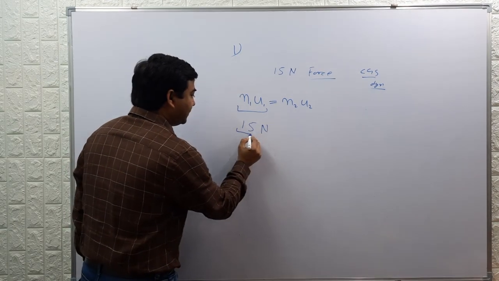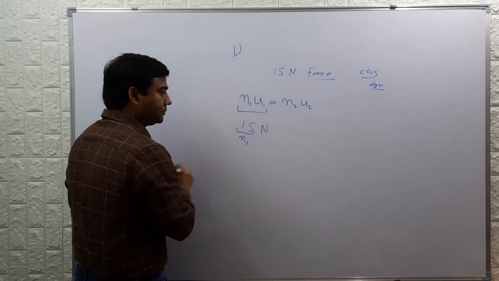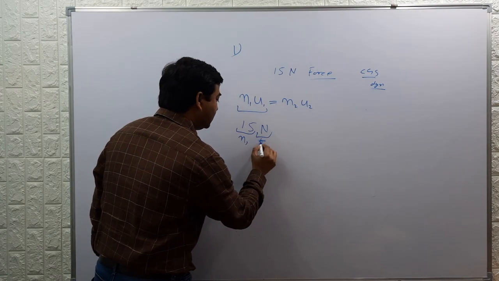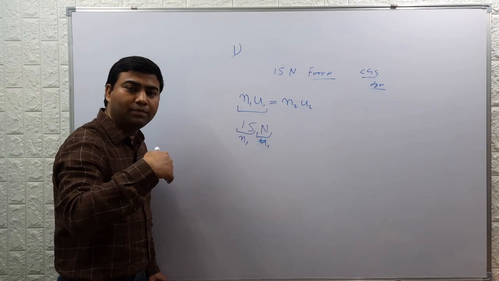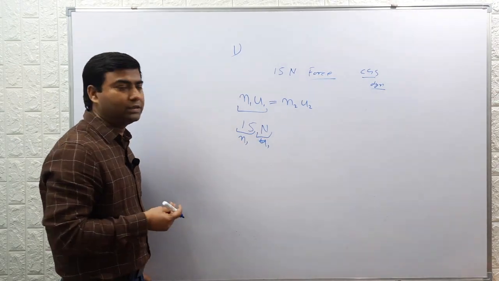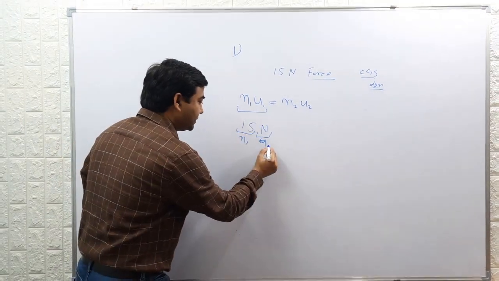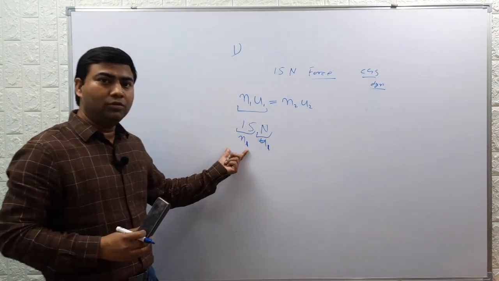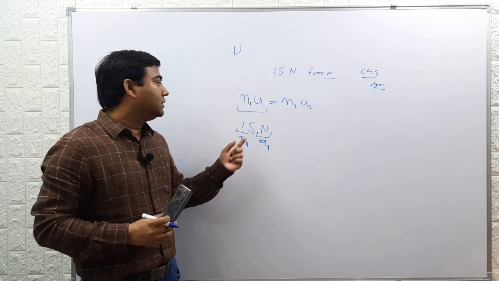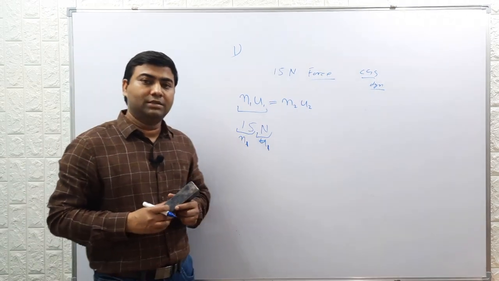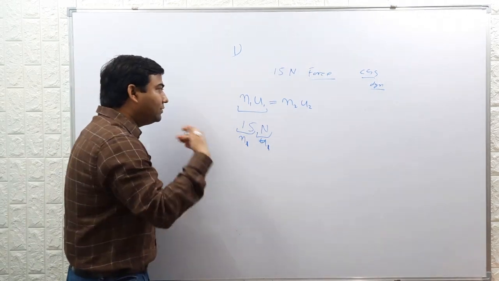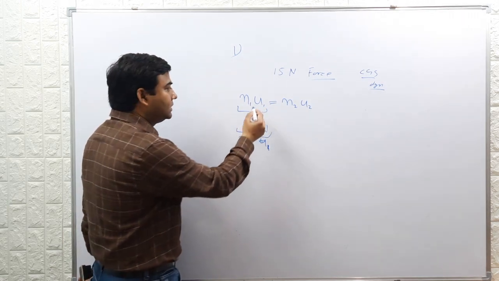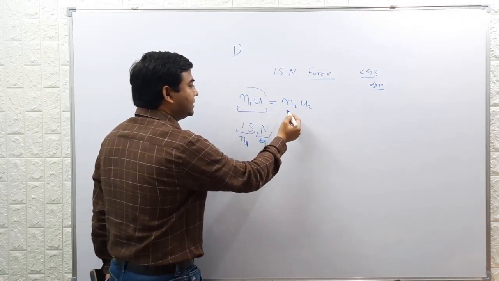This 15 is N1 and this Newton is U1, that is the unit in a particular system of units, which is the SI system here. So N1 is the numerical value and U1 is the unit. When we convert the unit from one system to another, this product remains constant.